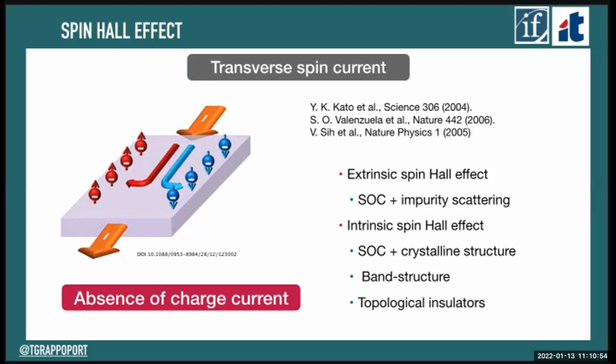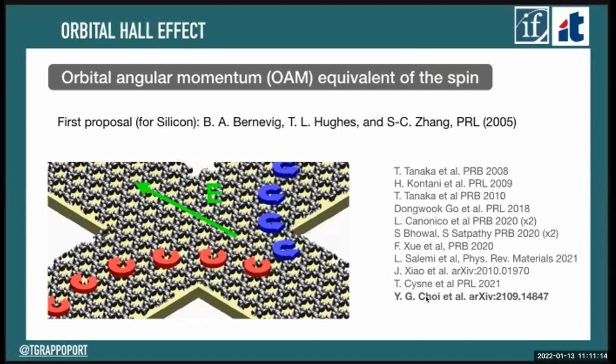And there is also the intrinsic spin Hall effect that depends on the interplay between the crystal structure and the spin-orbit coupling, which will make spin up and spin down states respond differently to an electric field. And in this case, it doesn't rely on scattering, which is the case, for example, of topological insulators.